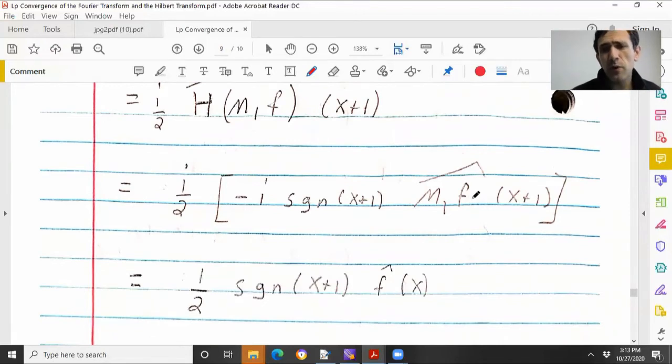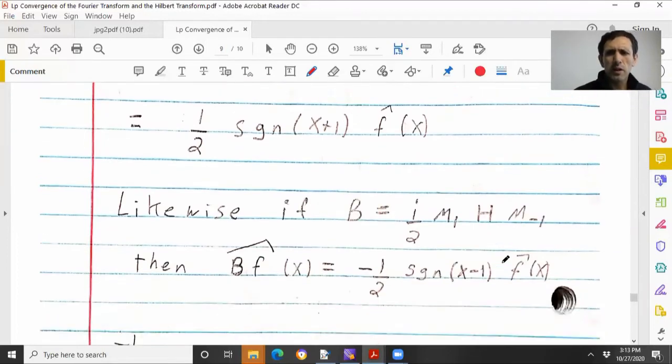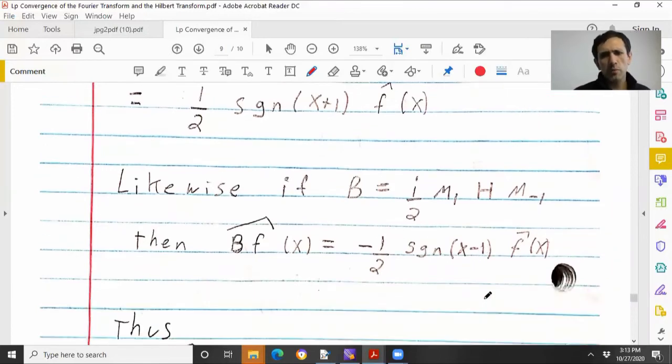Well, that is the Fourier transform of, well, take x plus 1 minus 1. So it's f hat of x. The i's cancel, 1/2 sgn(x plus 1). And do the same thing for this operator here. We get the Fourier transform is minus 1/2 sgn(x minus 1) times the Fourier transform.